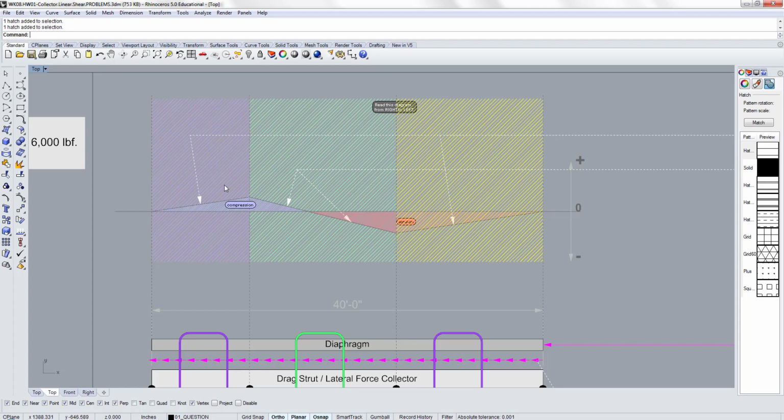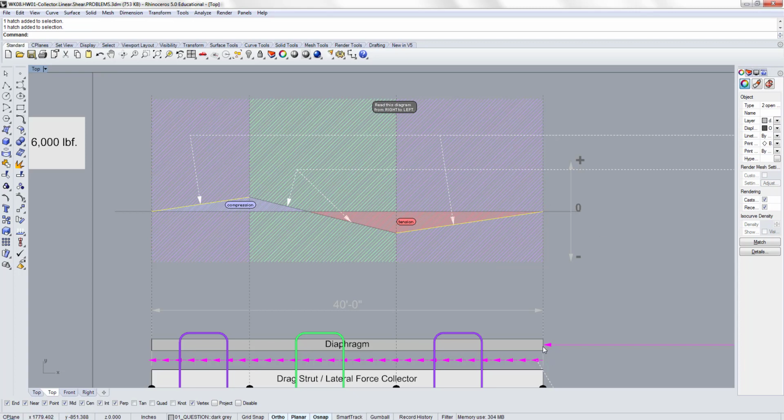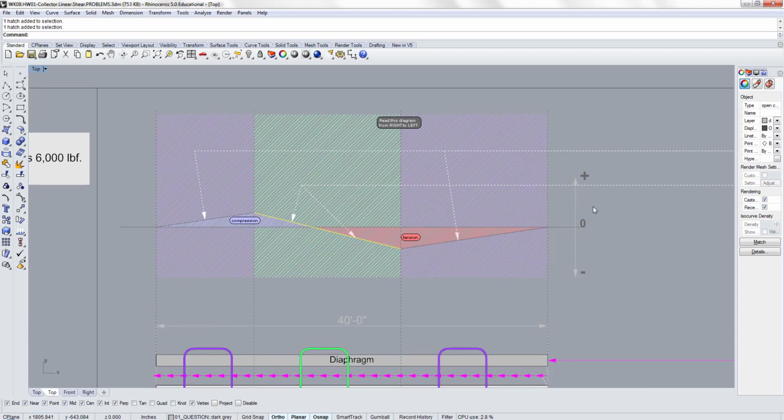For the purple portion, I'm showing this downward slope, which I plotted down there. For the green part, I have this upward slope that I just copied from down there.